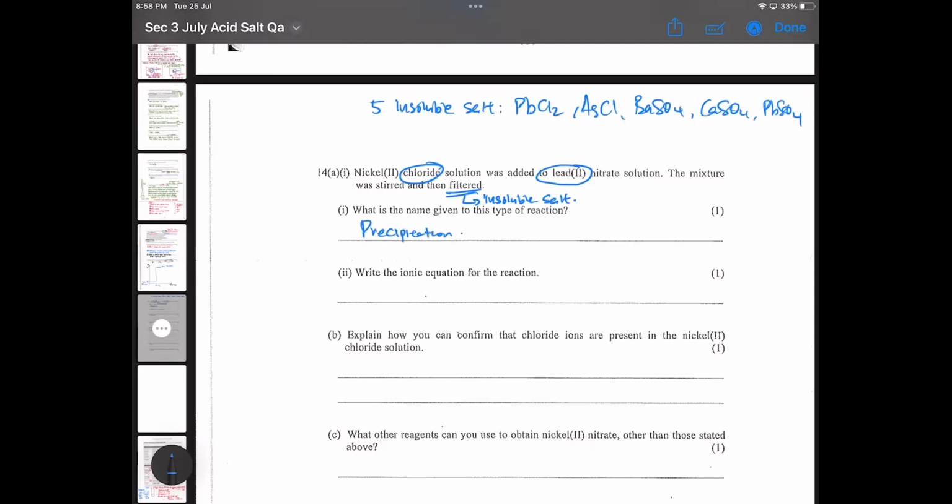So let's recall, precipitation is generally for insoluble salts. Reagent 1 is the aqueous solution of the positive ion that you want. In this case, it is the positive ion of lead. Reagent 2 is an aqueous solution of the negative ion, which in this case is the chloride.